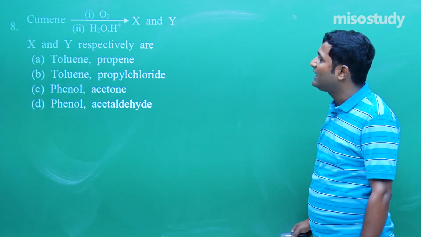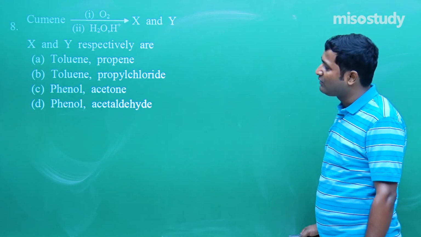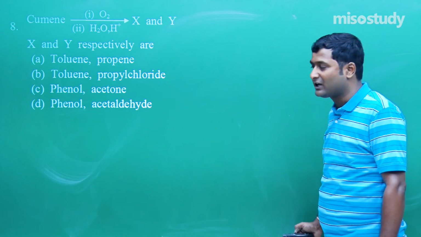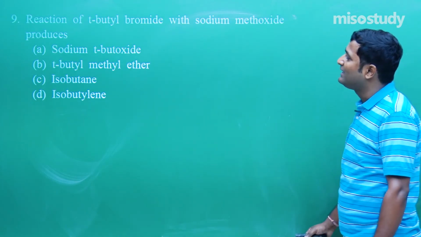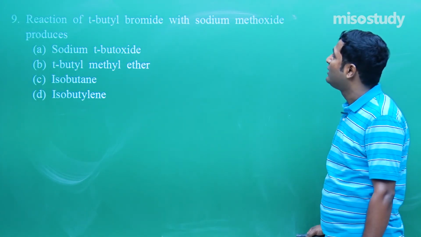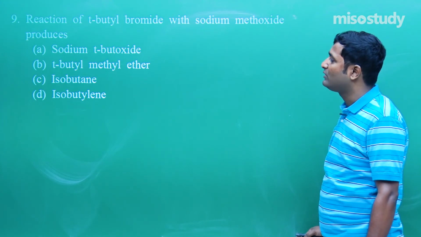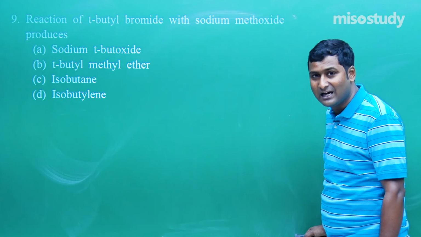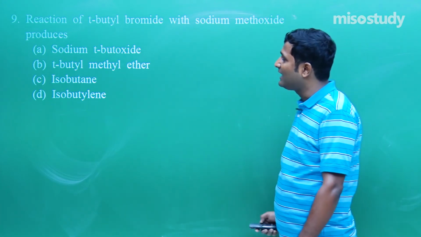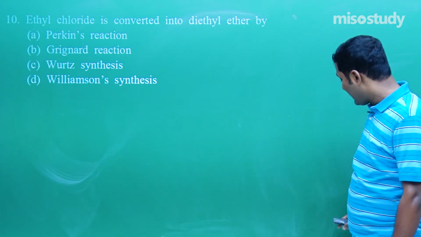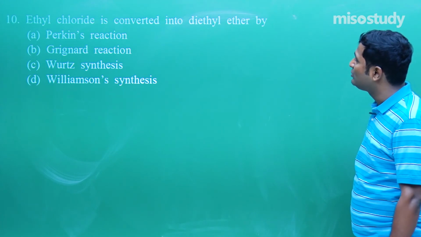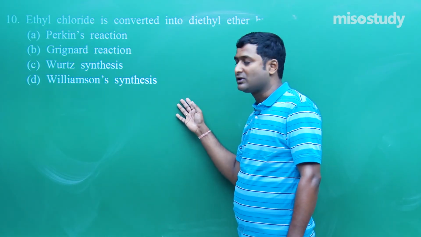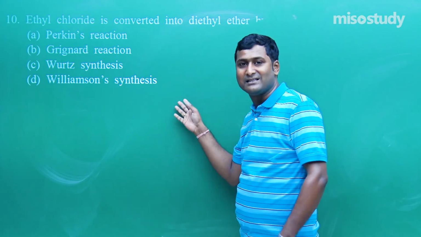For question number 8, cumene gives phenol and acetone, so C is the correct option. For question number 9, reaction of tertiary butyl bromide with sodium methoxide produces isobutylene, that is D. Question number 10, ethyl chloride is converted into diethyl ether by D, the correct option, Williamson synthesis.